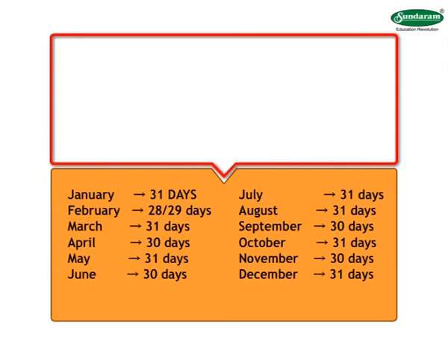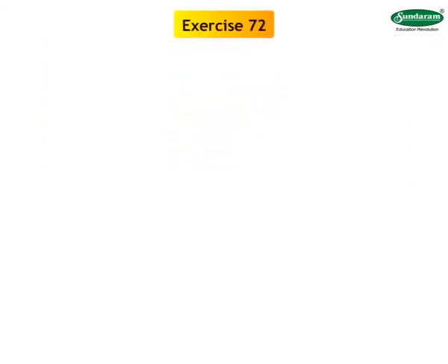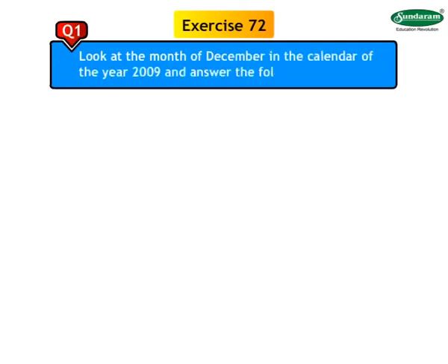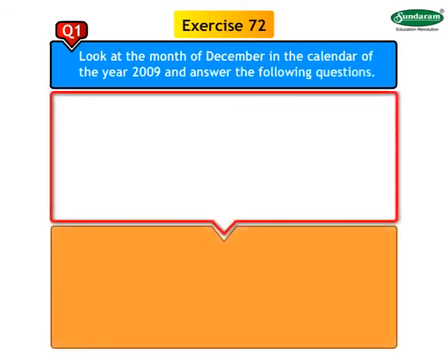Children, now that you have understood all the details of a calendar, let us solve the given Exercise 7.2 of the textbook. Question 1. Look at the month of December in the calendar of the year 2009 and answer the following questions. Solution.